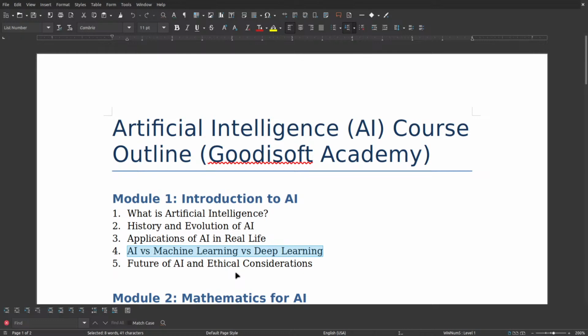All right. Now, what are the core differences between AI, machine learning, and deep learning? The differences, the relationship. Now, AI is a very broad concept that encompasses other sub-concepts.